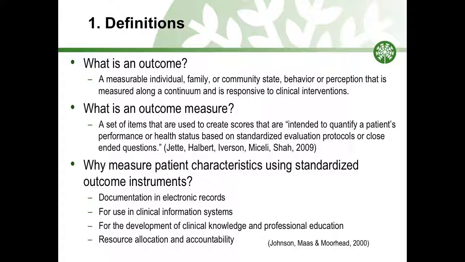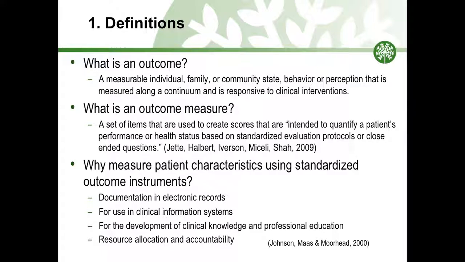So what is an outcome? Basically, it's a measurement, and we're measuring something like perhaps grip strength. It might be measuring somebody's participation. It might be measuring the intended result of a therapeutic intervention.